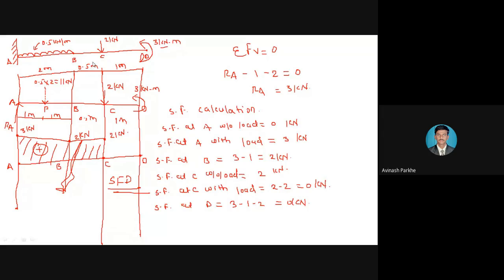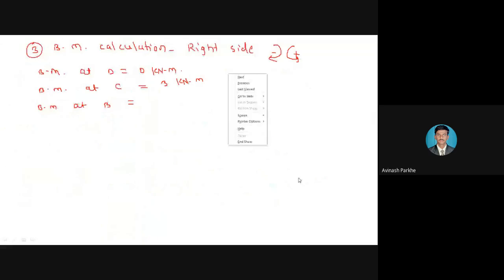So starting from the first, that is 3 kilonewton meter as it is, minus 2 into 0.5. What is the answer? 2 kilonewton meter.